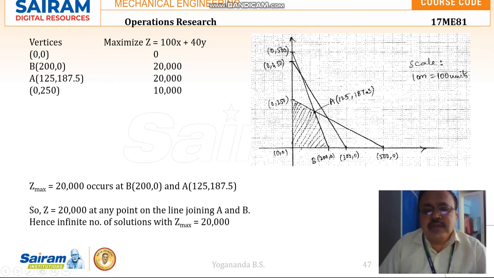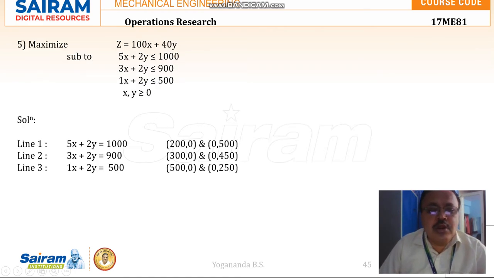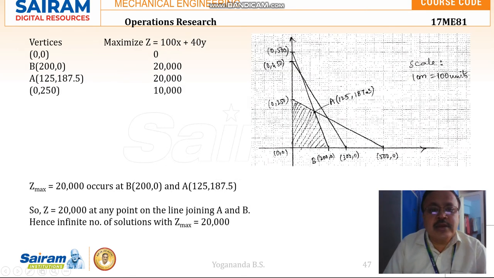On the x-axis and y-axis, the first constraint has the coordinates 200 comma 0, 0 comma 500. The first point 200 comma 0 is marked on the x-axis, then 0 comma 500 on the y-axis. Joining the 2 points, that is the first constraint.